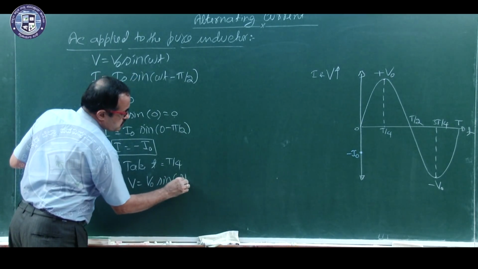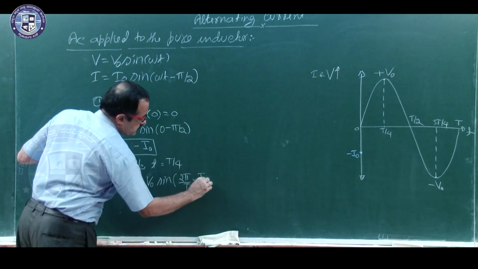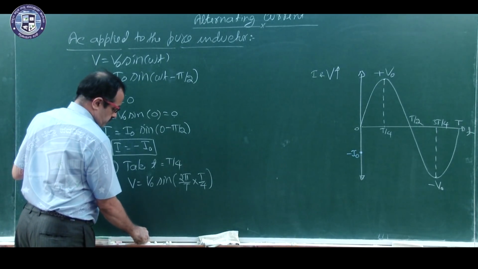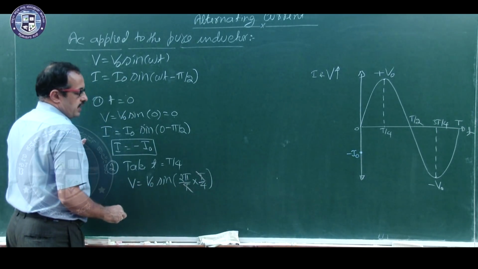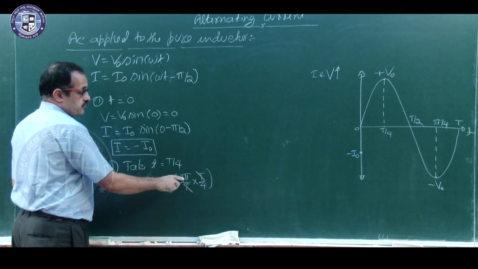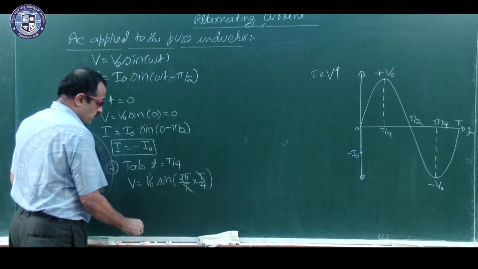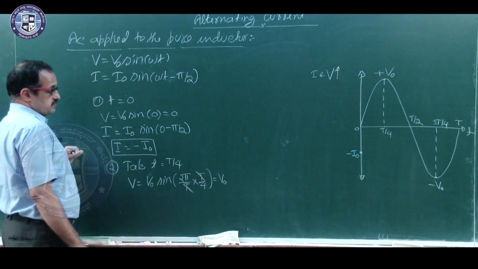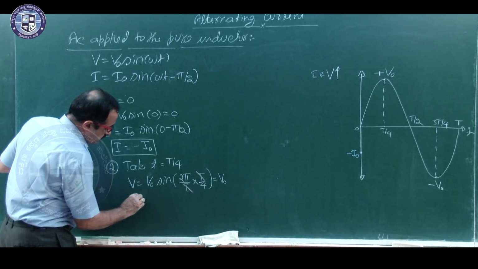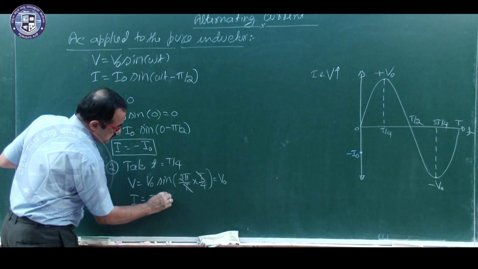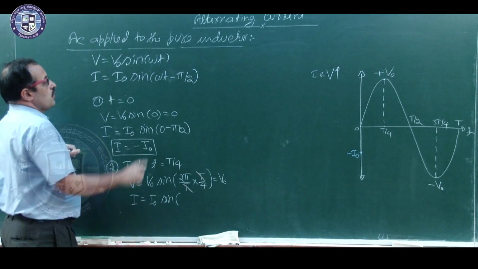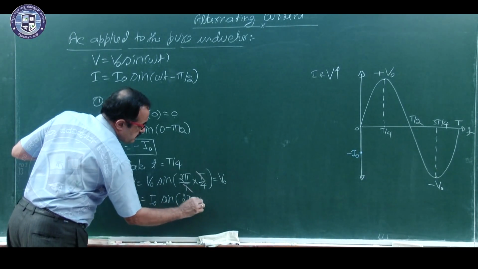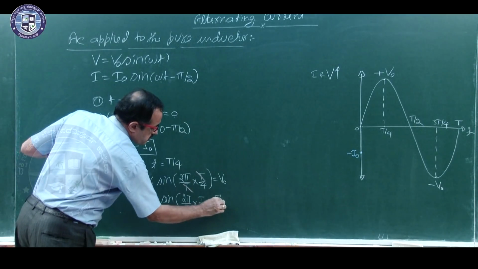Omega can be written as 2 pi by T into T by 4, this we can cancel, and this is actually pi by 2, sine pi by 2, sine 90 degree is 1, therefore it is V naught. And what is the current? I is equal to I naught sine omega t, that is 2 pi by T into T by 4 minus pi by 2.